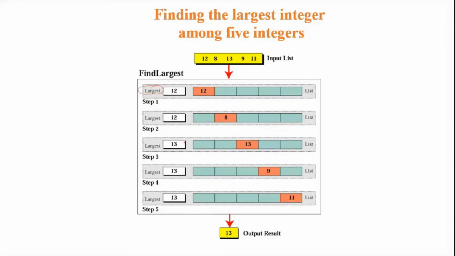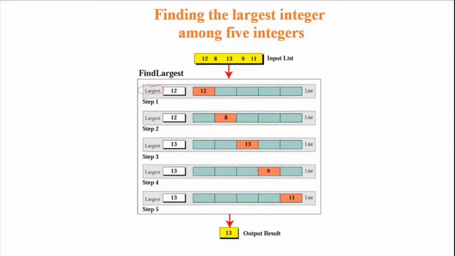In the next step, we check this against the third element, which is 13. Obviously 13 is larger than 12, so we change the largest value to 13. Now the largest value is 13. In the next step, we check the next number, 9, whether it is larger than 13 or not.